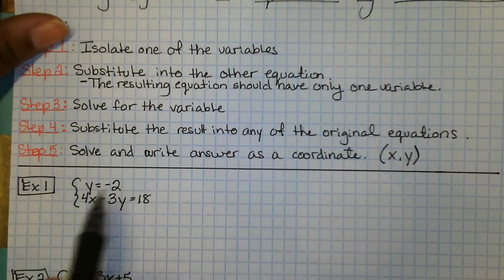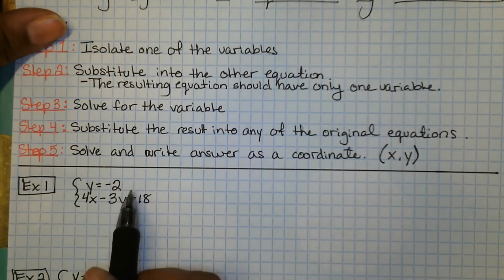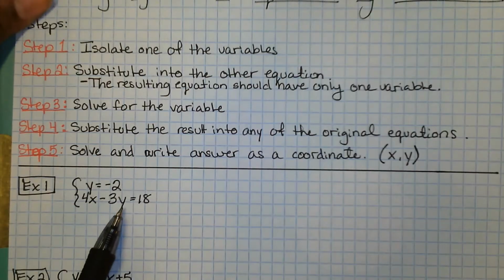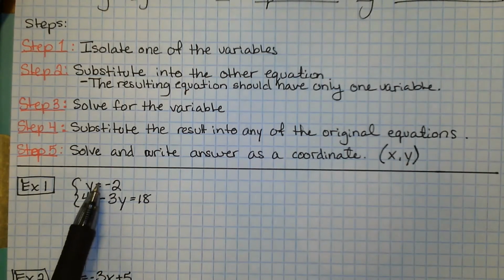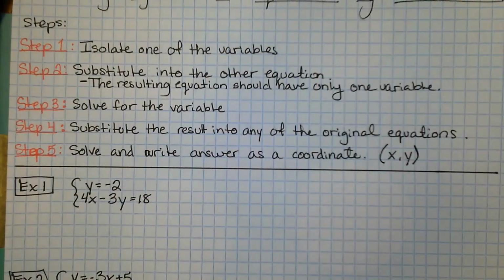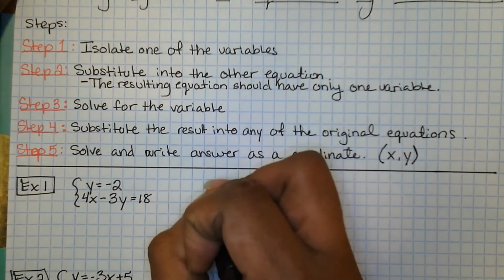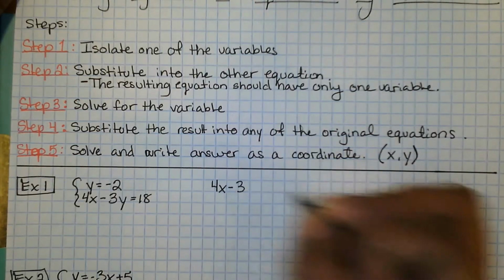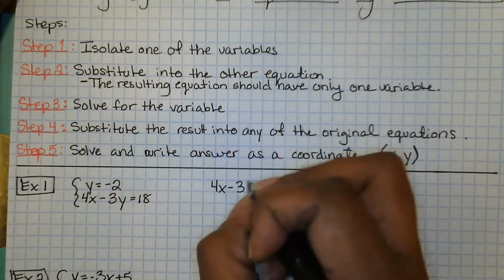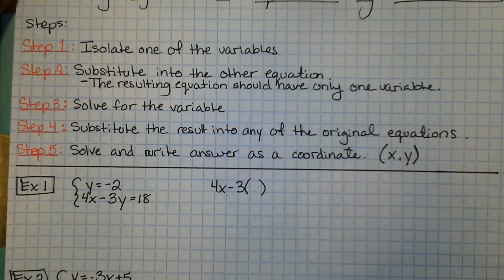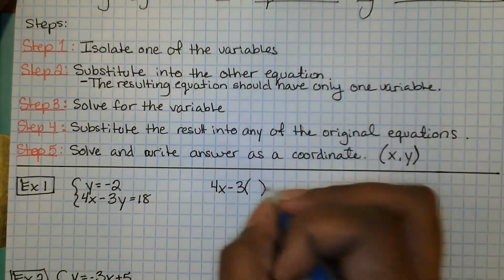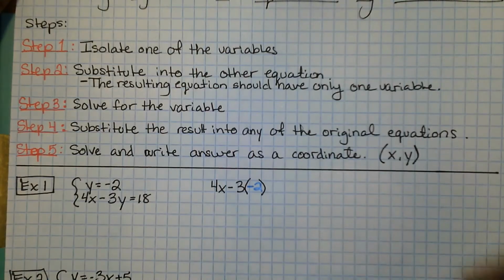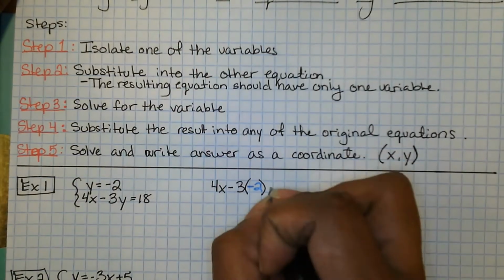Okay, well, if y is equal to -2, that means whenever I see y in the other equation, I can then plug in -2, like this. So 4x minus 3, but instead of putting y, I'm going to open up parentheses and put -2 because we know y is equal to -2.